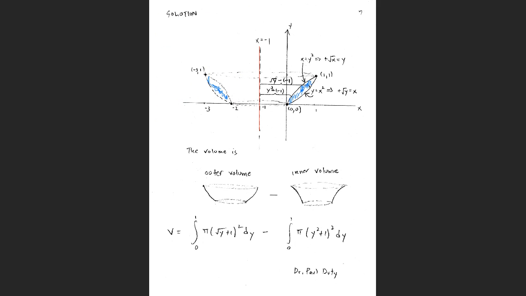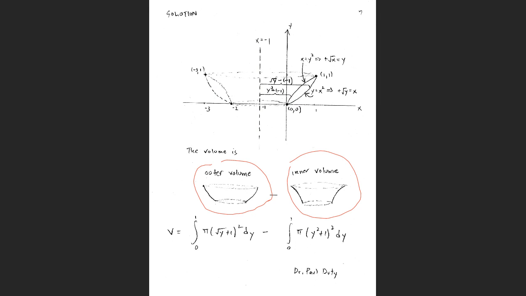So if you think about it, the volume that you're looking for is found by taking the outer volume and subtracting out the inner volume. That would get you the volume you want.